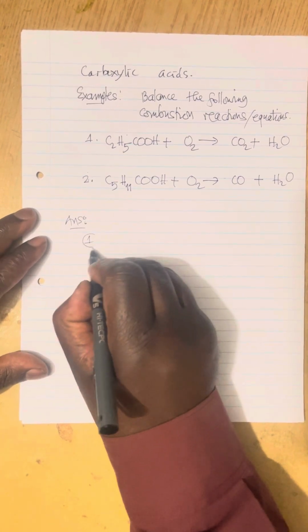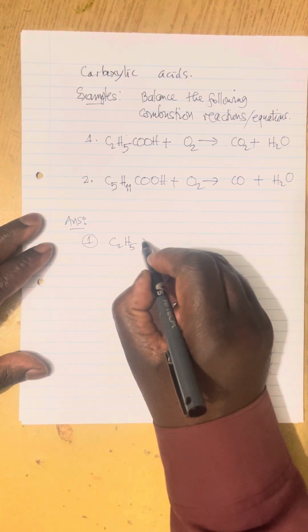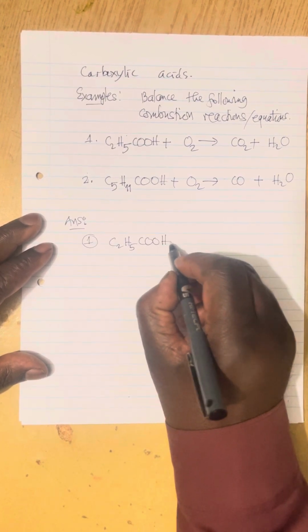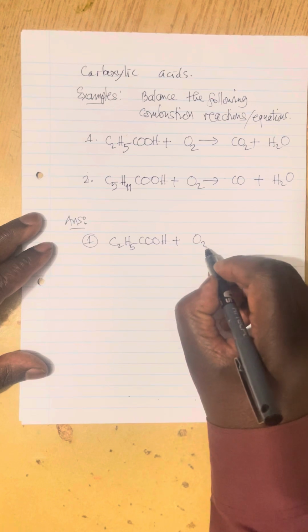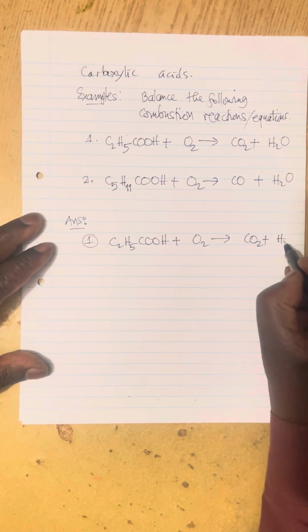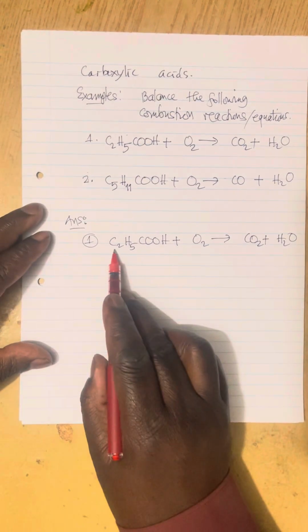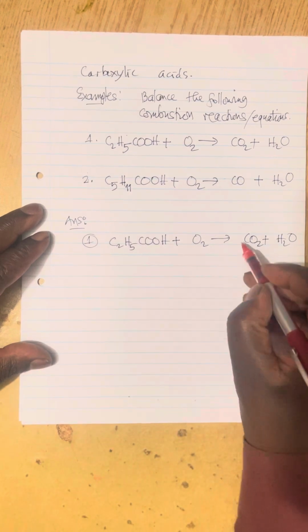Number 1, we have C2H5COOH reacting with oxygen, giving us CO2 plus H2O. Let's balance this. We start with carbons. 3 carbons, we need 3 carbons here.